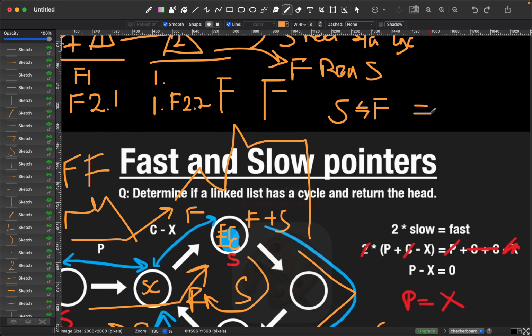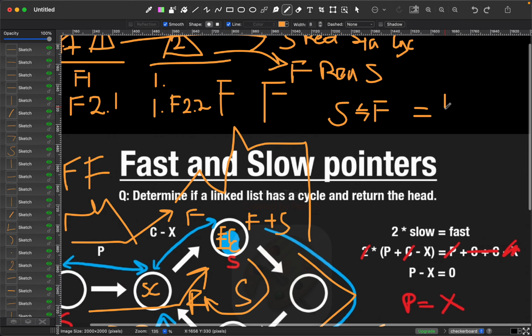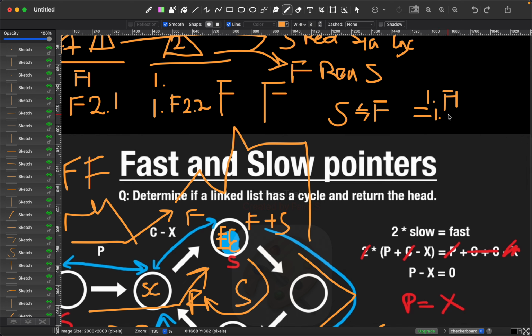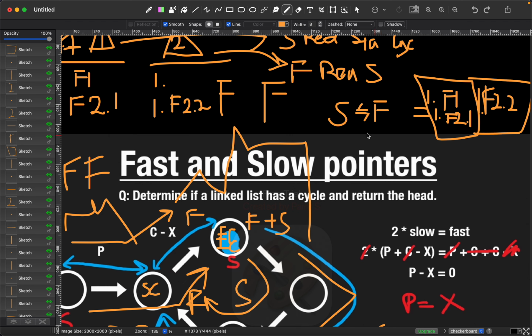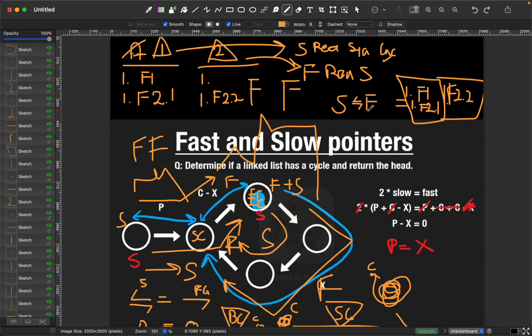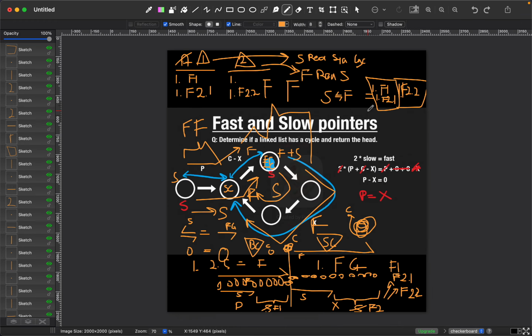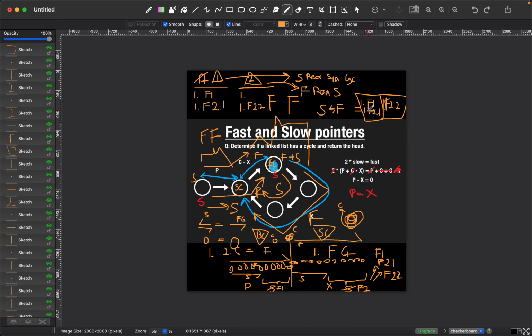It's by how fast this F1, F2.1, which is split into two categories, I'll say, and F2.2. These three add up and actually contribute to S interacting with F in the near future. So I think this is all I'm getting so far.